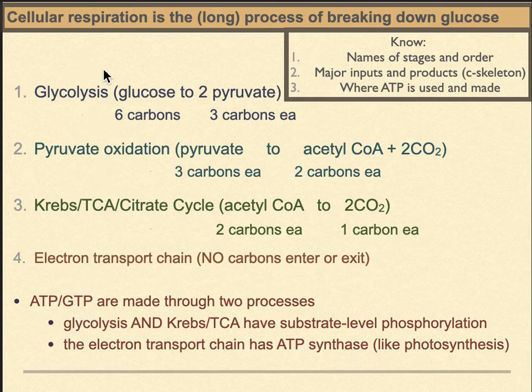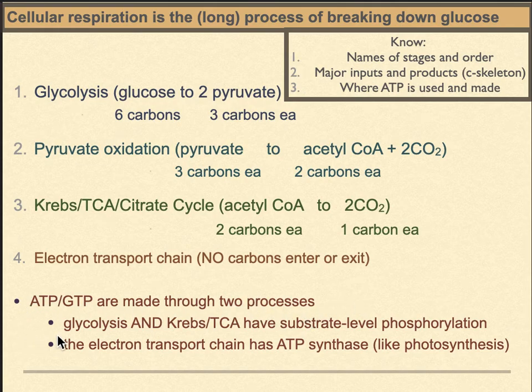In these four different stages of cellular respiration, ATP or GTP, which is more or less the same molecule, at least for our purposes today, are made through two processes.